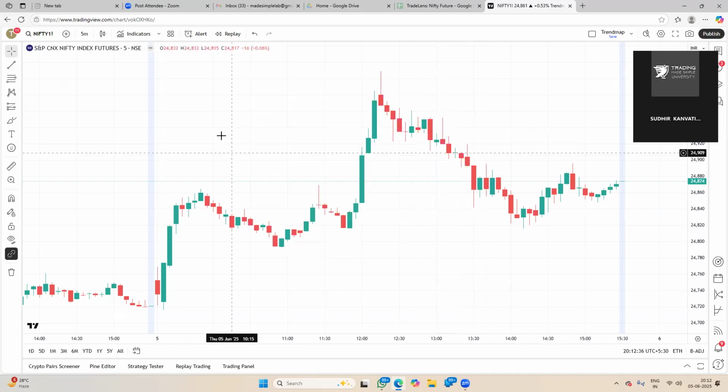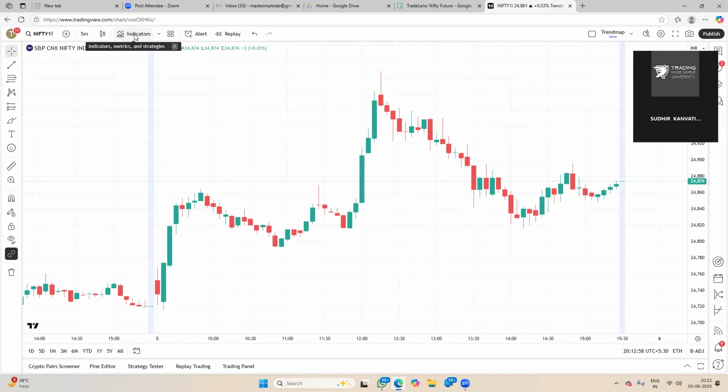Now, second thing, we will use two sets of indicators. You now have access to 10 different indicators. Now you will learn using two different indicators how you will take clear decisions in Nifty. I will give you an example also.